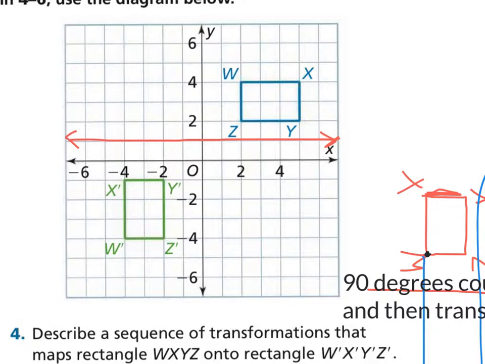If you want to start with what's close, Z is 1 above it, we'll go 1 below it. Y was 1 above it, we'll go 1 below it. W was 2 above Z, now it's going to be 2 below Z. And X was 2 above Y, now it's going to be 2 below Y.